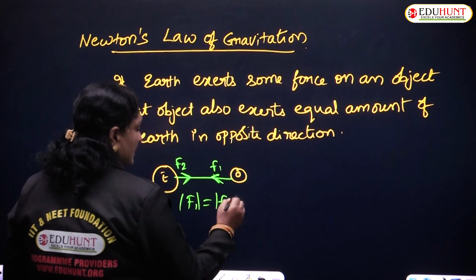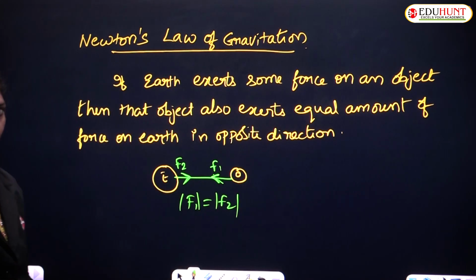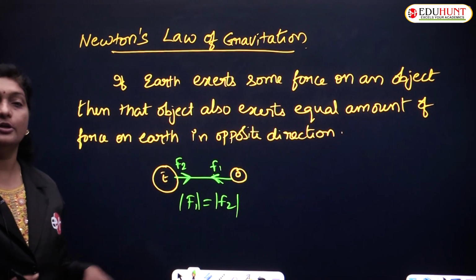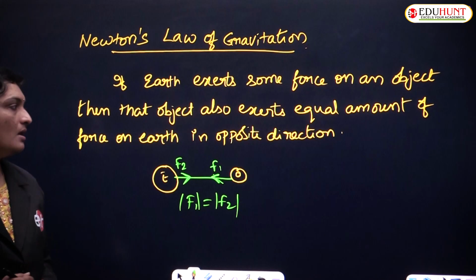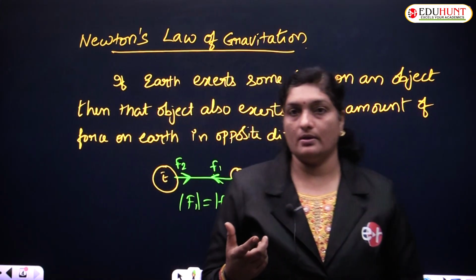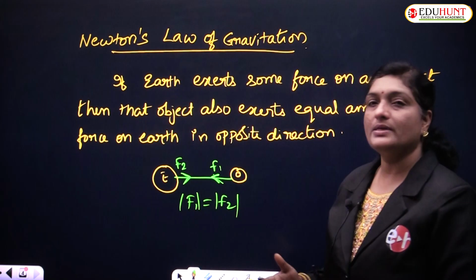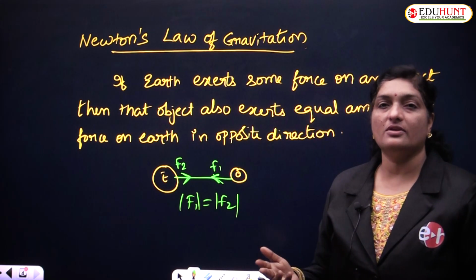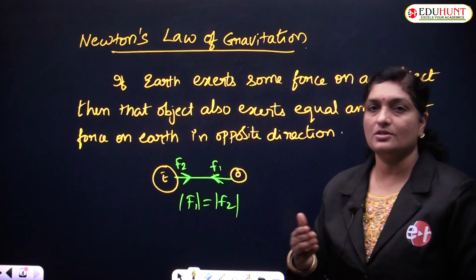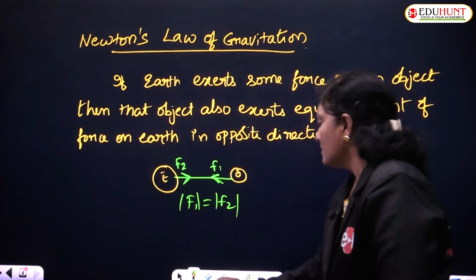Amount of force is equal but the direction is opposite. And this goes with Newton's third law of motion. So what is Newton's third law of motion? It says that every object exerts equal and opposite force on each other. One is called action, the other is called reaction.